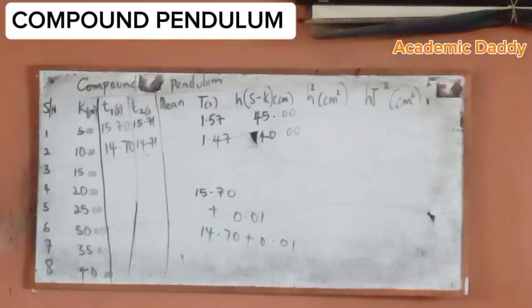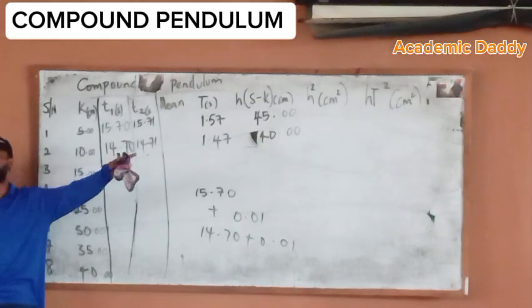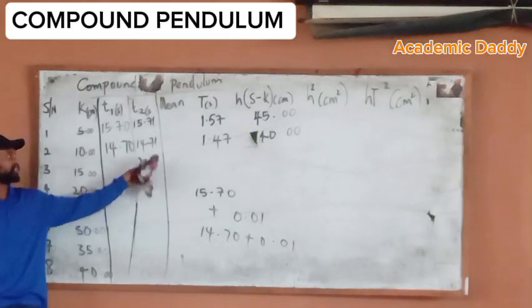So once you are able to use it to find time for one oscillation, remember the practical formula: time for one oscillation equals time for 20 oscillations, or a particular number of oscillations, divided by the number of oscillations. That is all we need to get T1. Then to get T2, you don't just use T1. You use the standard error in time, which is just from the number of decimal places used. That's all we need.